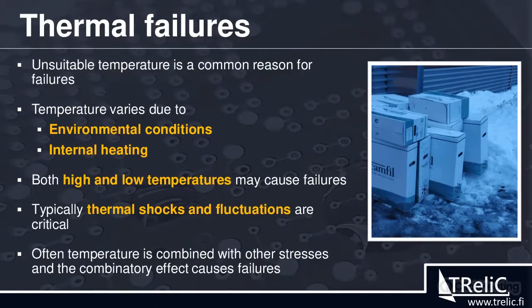This can cause lots of fluctuation during the product's use, which is very important and most likely the most typical reason for failures in electronics. So both high and low temperature may be critical, and normally thermal shocks and fluctuations are the most critical ones.